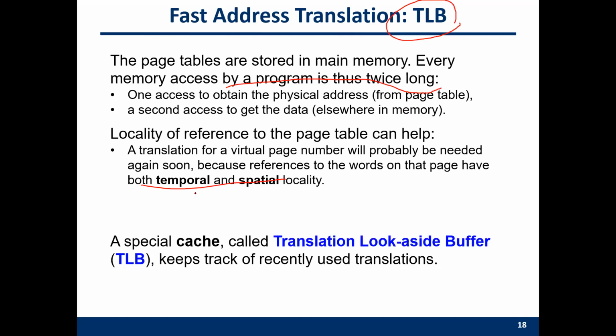Or maybe after 100 cycles, we will translate this virtual page again. When we want to translate its neighbors, it's called spatial locality. When we want to translate the same virtual page 100 cycles later, this is called temporal locality. Because of these two types of locality, we can have a cache named the translation lookaside buffer to keep the recently used translations.